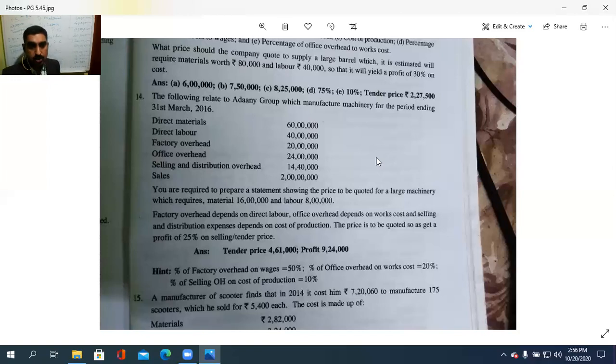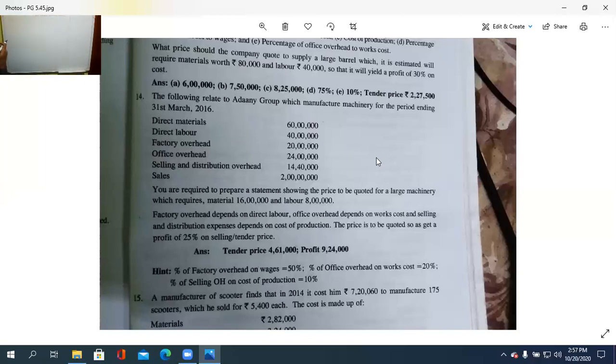Next step, what we need to do? Next we need to calculate the tender. So how is the tender to be prepared? 50, 20 and 10 you need to keep in mind. So the cost sheet showing tender.